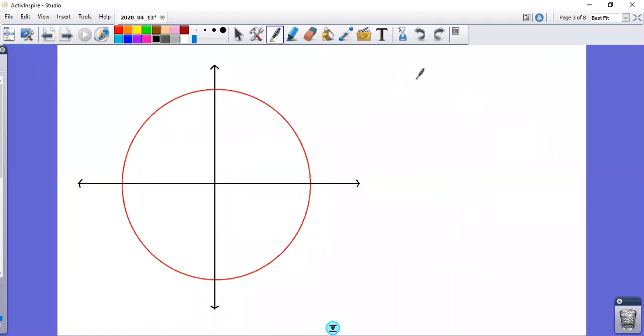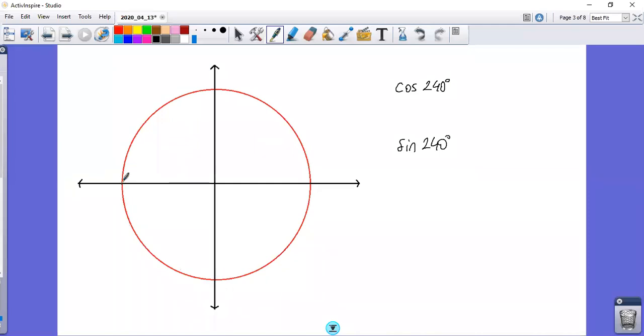So now we are going to find cosine of 240 degrees and sine of 240 degrees. These angles are in the third quadrant, because this is 0, this is 90, 180, 270.